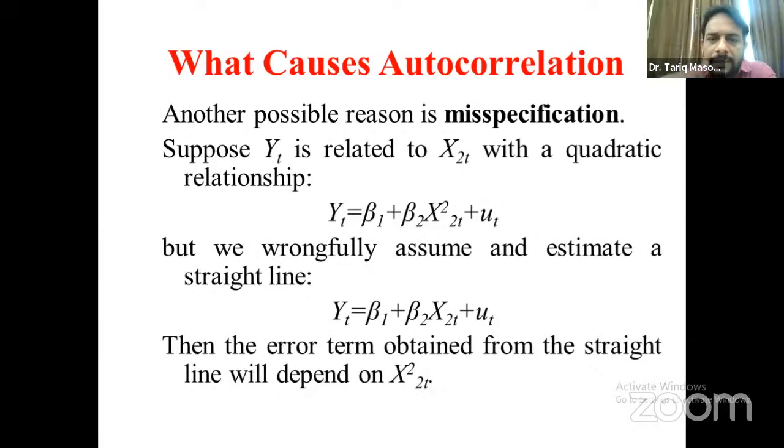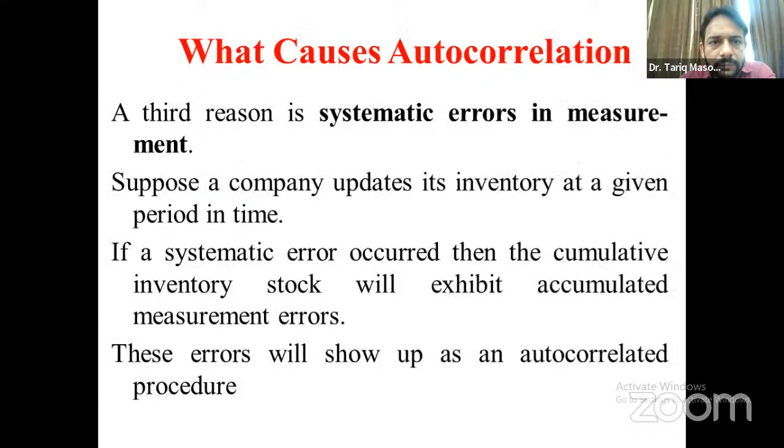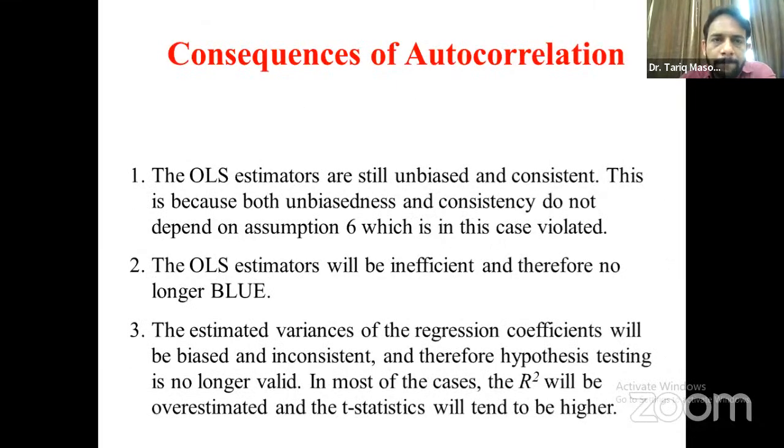So again, there will be systematic behavior of Ut, and there will be autocorrelation. The third reason may be systematic errors in measurement. There is continuous error in the measurement process. This may cause autocorrelation.